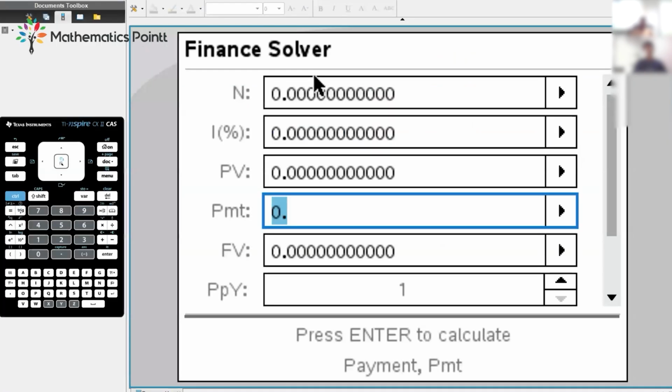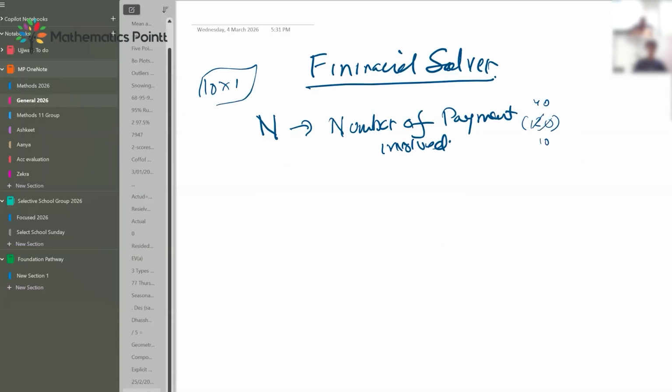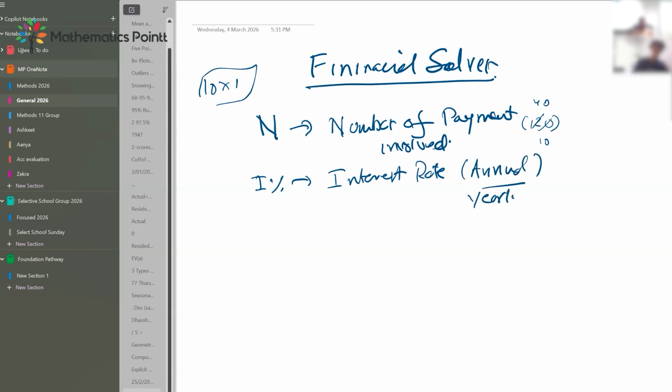Now, the next one is called the I. I is nothing but very simply the interest rate, but the annual interest rate, the yearly interest rate.